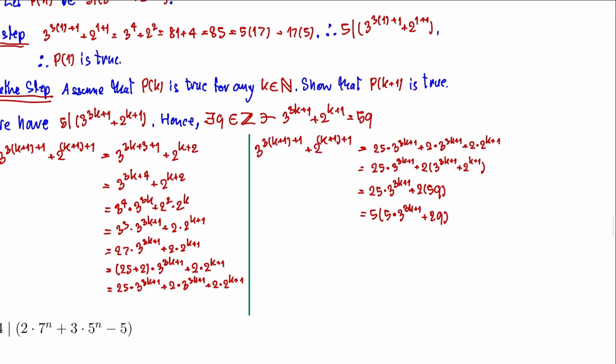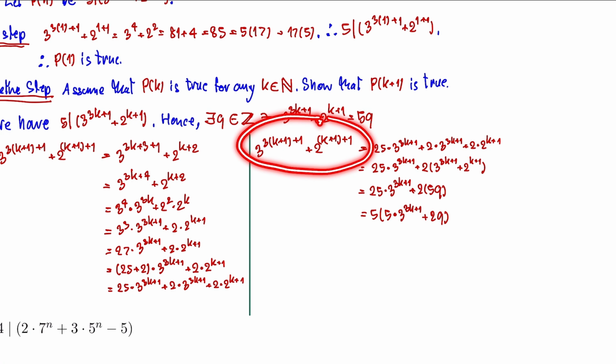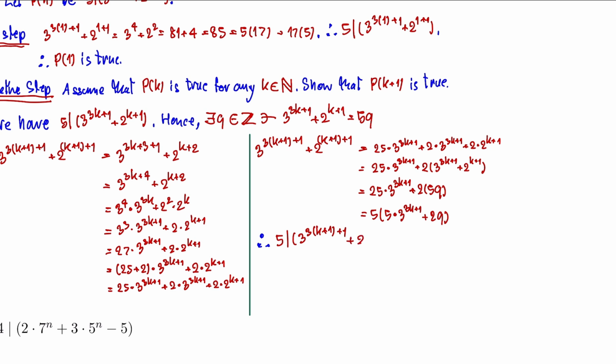We've just shown that this term right here, which is P(k plus 1), has 5 as a factor. So we've just shown that 5 divides 3 raised to the 3 times k plus 1 plus 1 plus 2 raised to the k plus 1 plus 1.